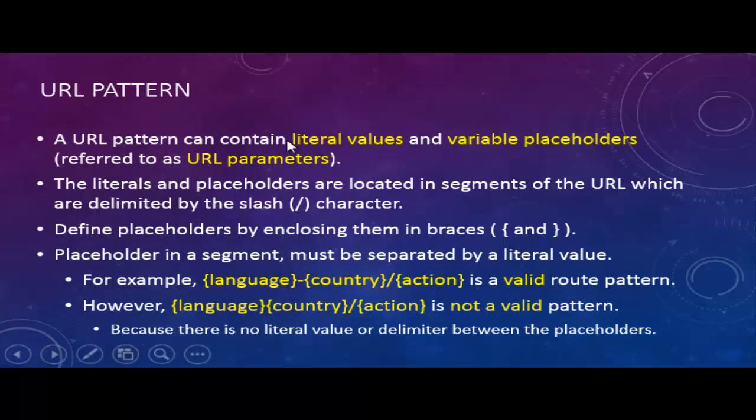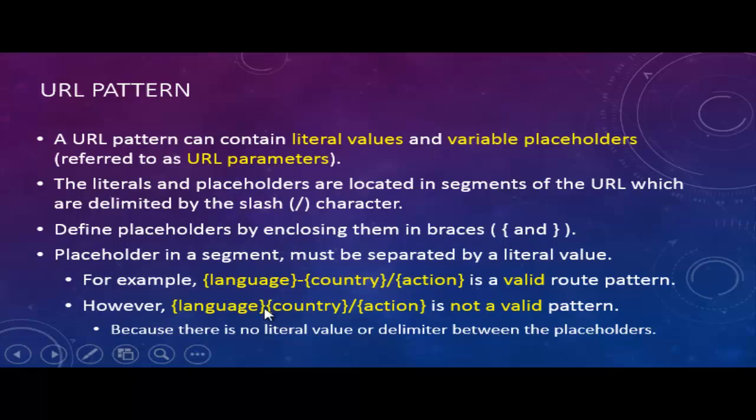Again, you can put two placeholders between the slash symbols, however, if you are placing two placeholders one after the other, they must be separated by one more literal. So if you look at the option here, we have language as one variable, and we have country as one more variable. There is no literal separator here.